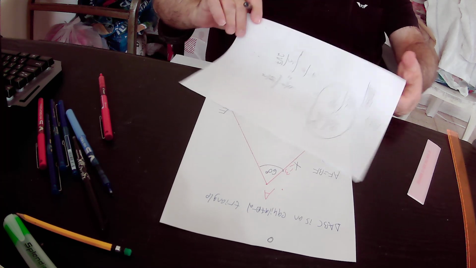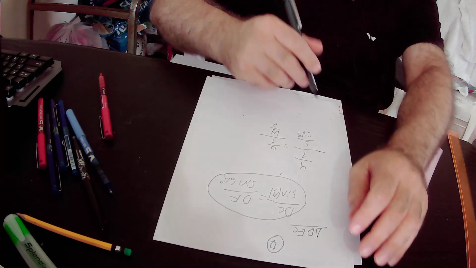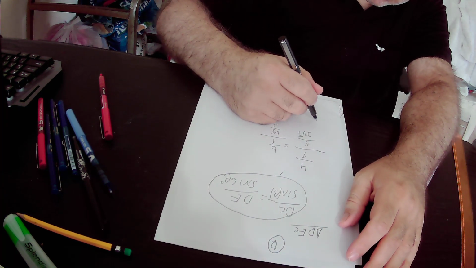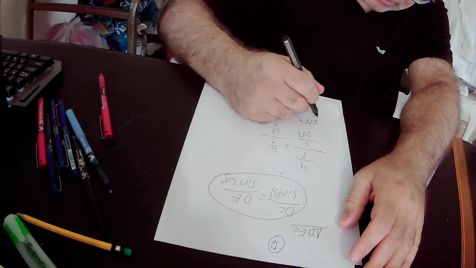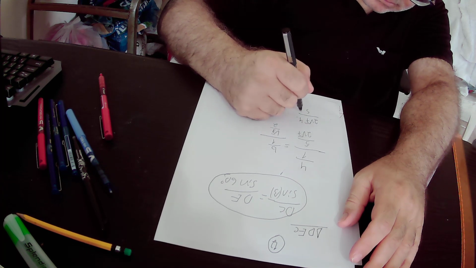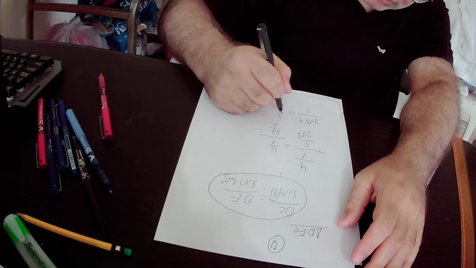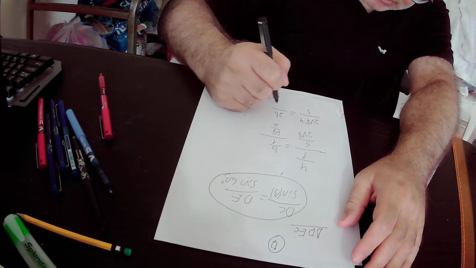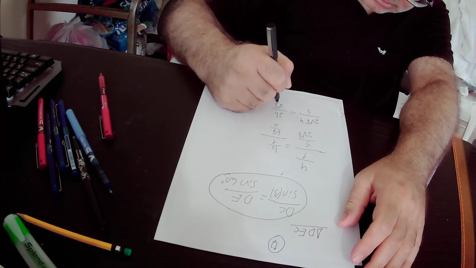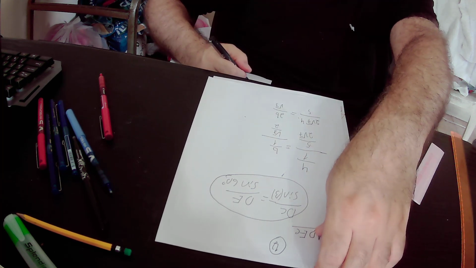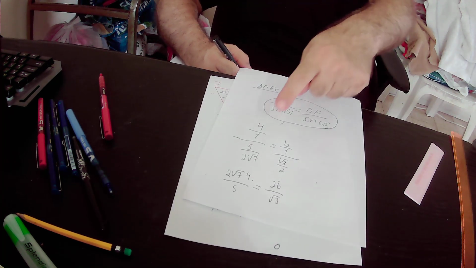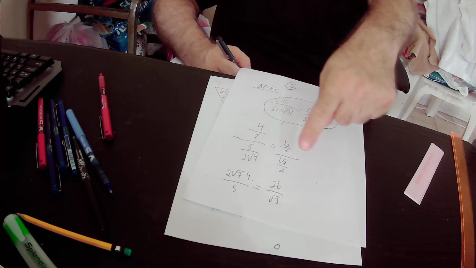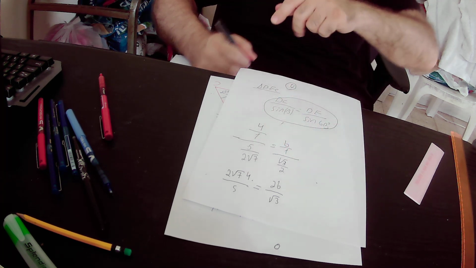So we get 2 times root 7 times 4 over 5 equals 2b over root 3. After doing simple arithmetic, we got that 2 times root 7 times 4 over 5 equals 2b over root 3.